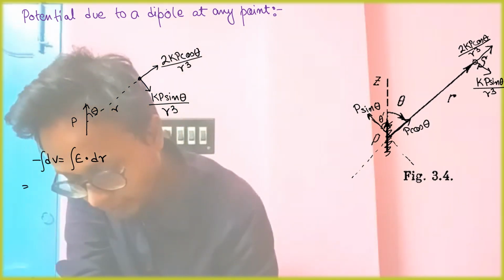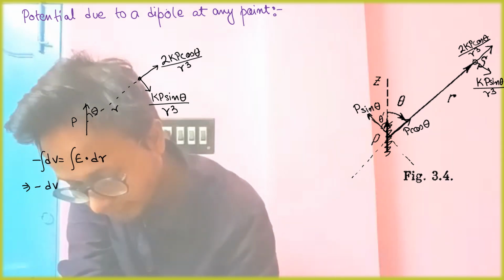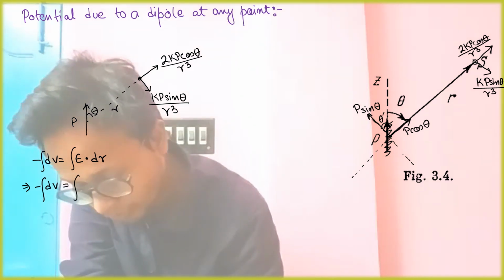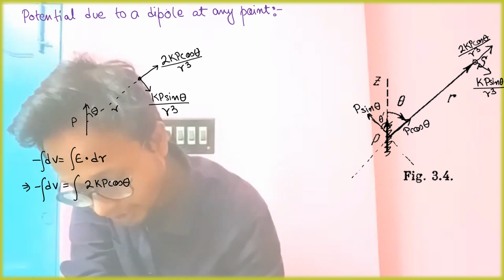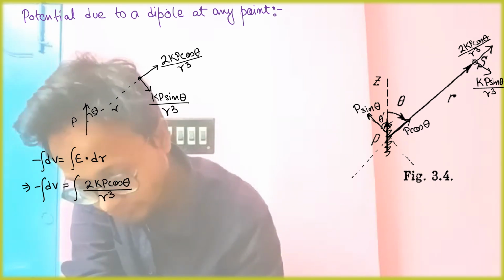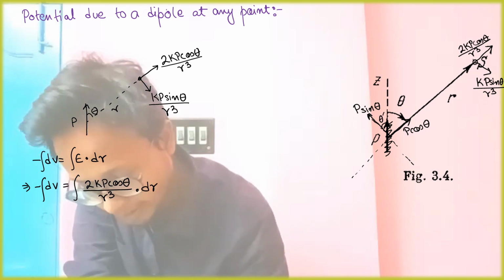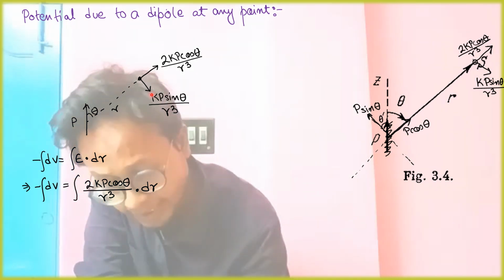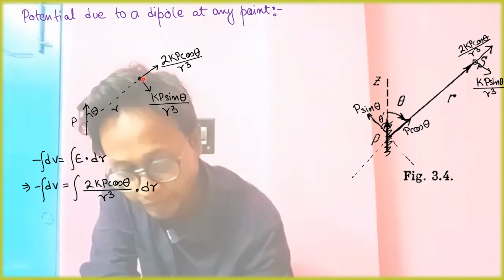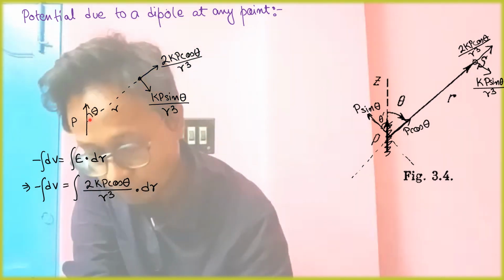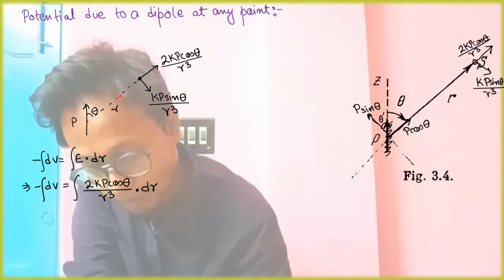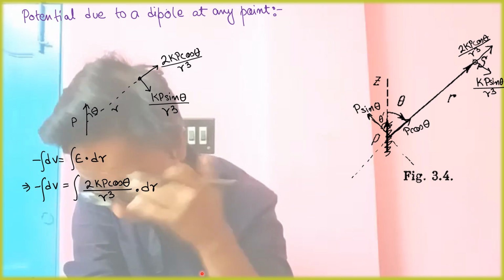So if I solve this, minus dV is equal to, what is the value of E? 2kP cos theta by r cube, into dr. Understood why I didn't take the other component of the electric field? Because the work done by that component is 0 when I'm moving a positive 1 coulomb along this line. Fair and fine.